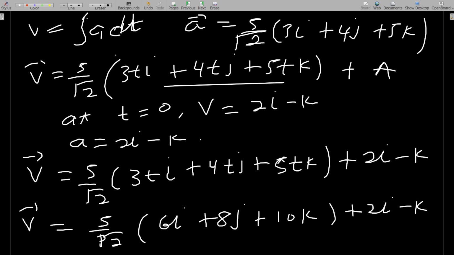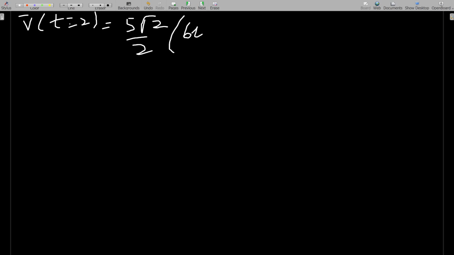So the velocity at time t equals 2 seconds is equal to 5 over root 2, which is the same as 5 root 2 over 2, then into 6i plus 8j plus 10k and plus 2i minus k.